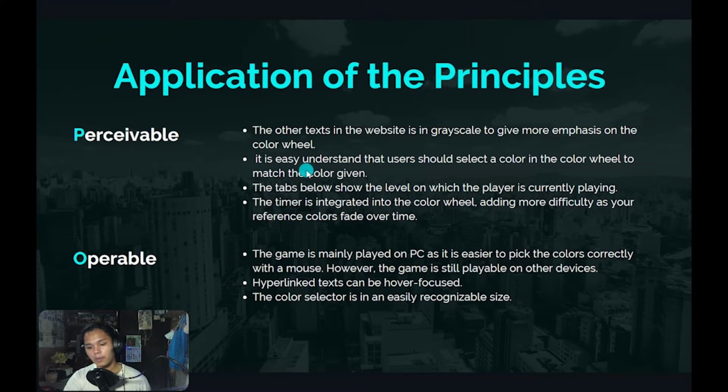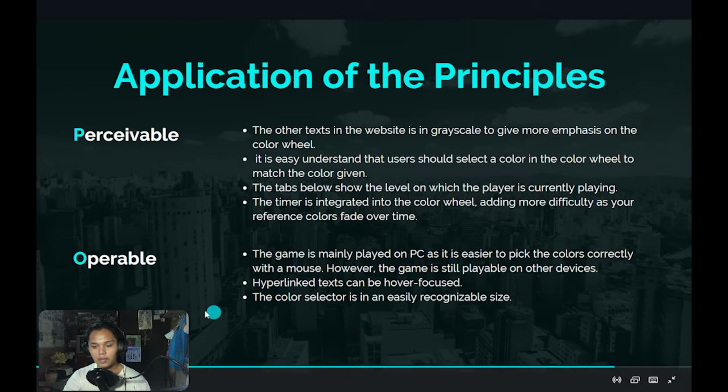As for operable, the game is mainly played on PC as it is easier to move the color selector with the mouse and it is more precise. However, the game is still playable in other devices like mobile and touch devices. Hyperlink text can be hover focused.